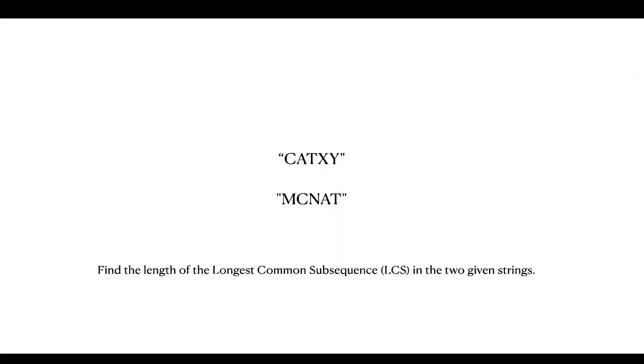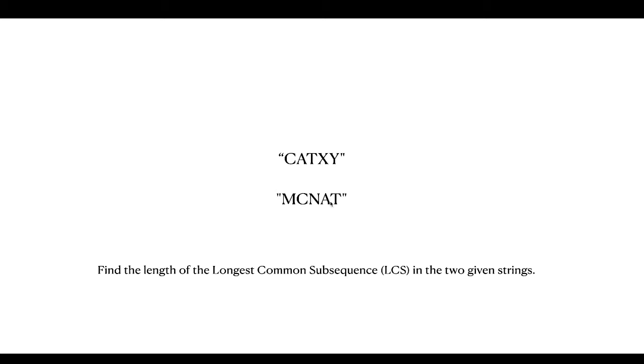The problem simply reads: find the length of the longest common subsequence, in short LCS, in the two given strings. Just to clarify, a subsequence is something like CAX. It need not be contiguous, unlike a substring. And a common subsequence would be CA and CA, for example.